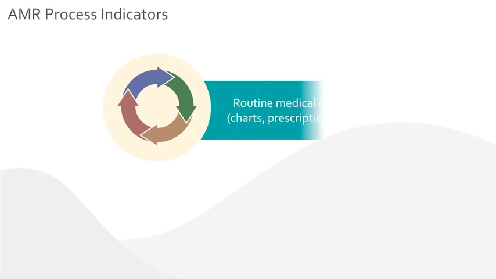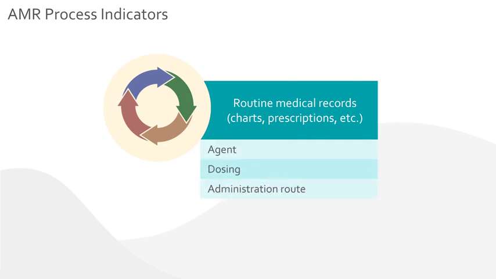Information from routine medical records, including charts, prescriptions, etc., are tracked to document key treatment details such as agent, dosing, administration route, clinical indication, and duration. Planning for how to organize this is an important step for national antimicrobial stewardship programs.